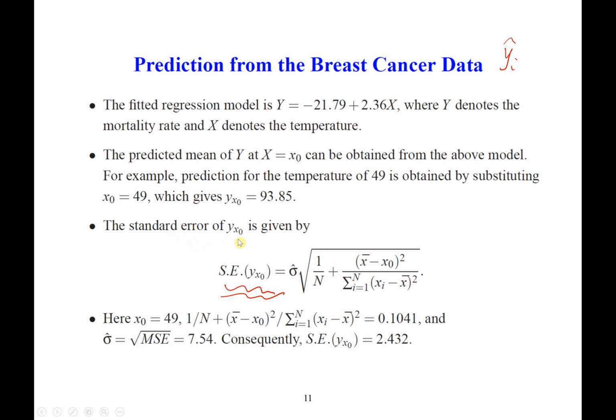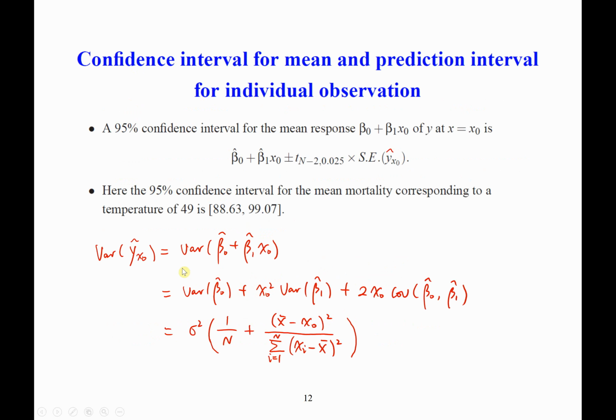At the same time, we need to get the standard error of y hat x0. So this is given by this equation. So how did we get this equation? This equation is given by the variance of y hat x0 equals the variance of beta 0 hat plus beta 1 hat x0.